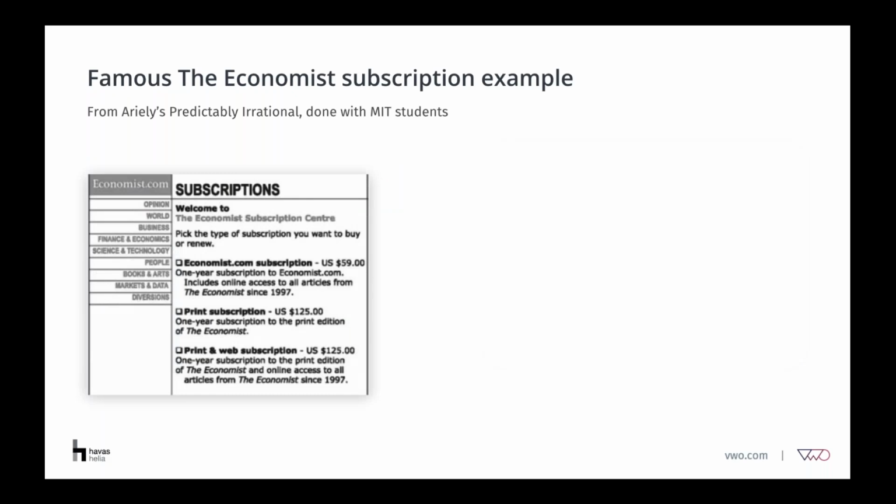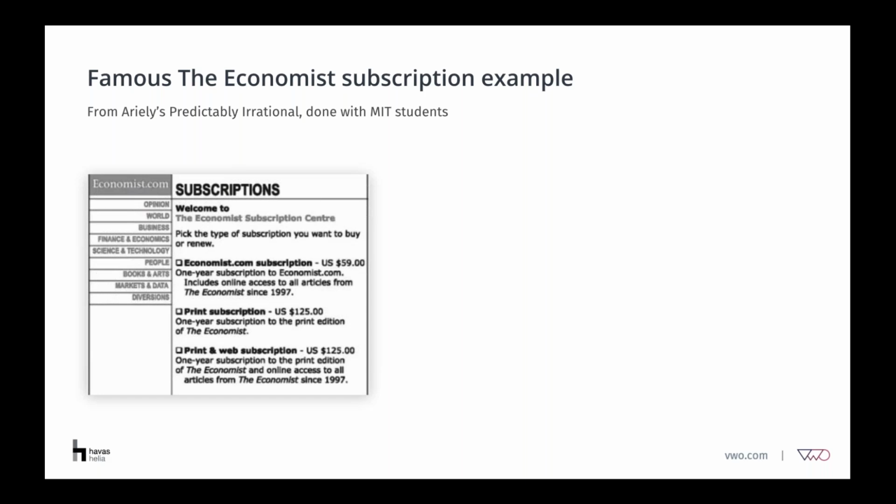And let me start with just a famous example, which can illustrate exactly that. It's coming from Ariely's book, Predictably Irrational, and the data shown here was done by Dan Ariely with MIT students. So it shows the choice that they faced, and they had to choose a subscription plan for The Economist.